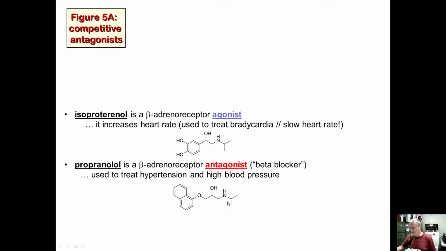Interestingly, the structures are very similar too. They both have the alcohol and the isopropylamine, but the agonist has this catechol benzene with the 2 hydroxy groups, and this has a naphthalene. That little difference is the difference between being an agonist and an antagonist, right?